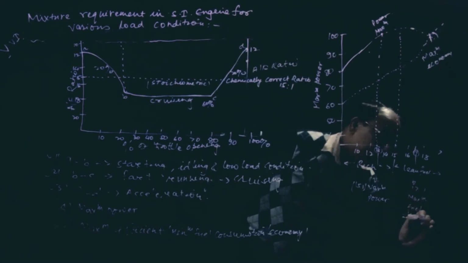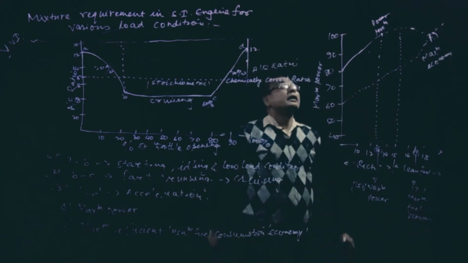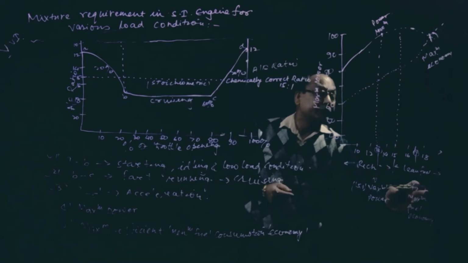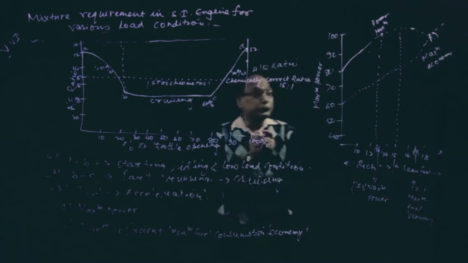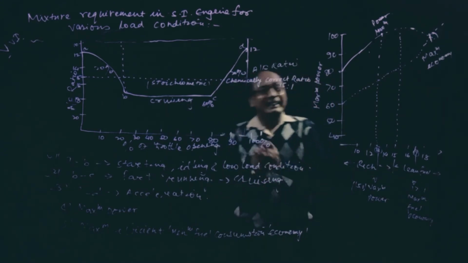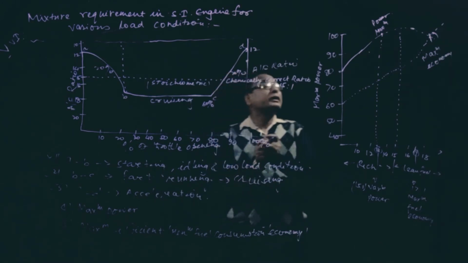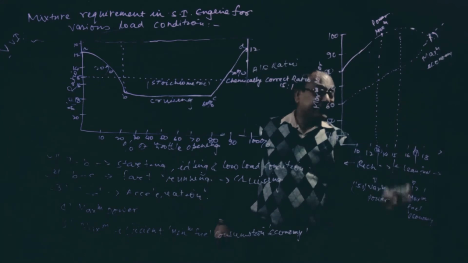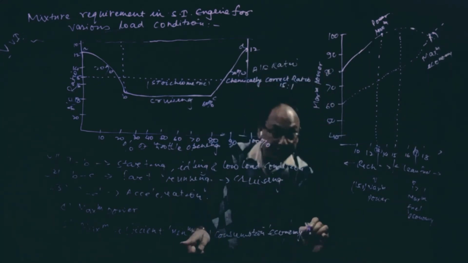That means a better condition, and mixing of the air and fuel at the ratio 17:1 will use minimum fuel and gives the maximum output. So it is always advised to run the engine at this condition because this is very, very important.